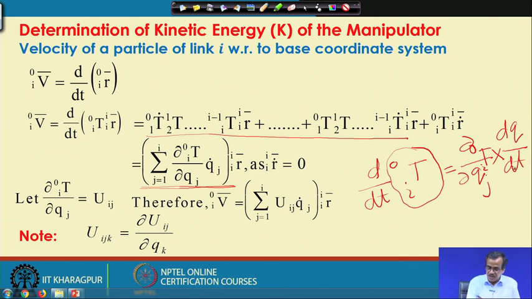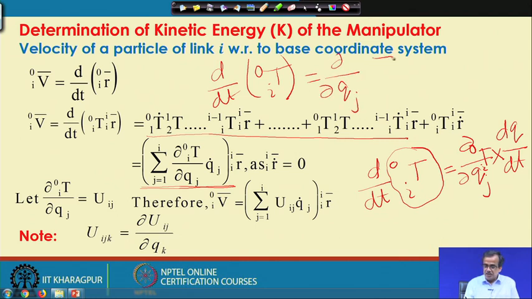Let me write it once again. So, d/dt of T_i with respect to 0 is nothing but the partial derivative with respect to q_j of T_i with respect to 0 multiplied by dq/dt. So, it can be written something like this. Okay.